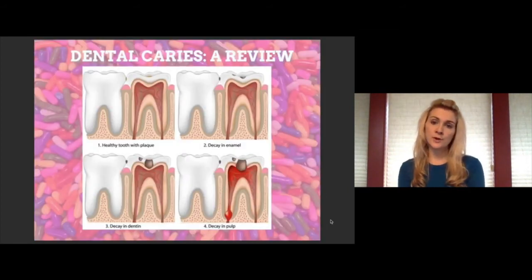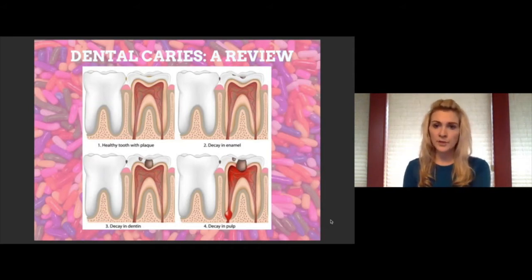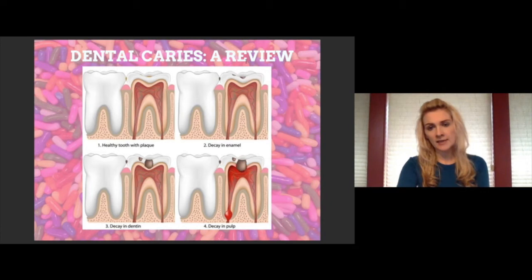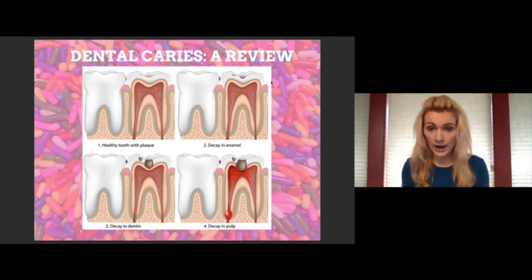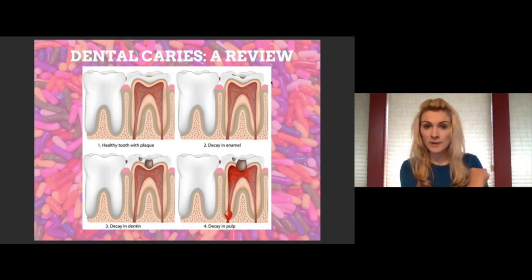So a brief review of the caries process. As you can see, there's a healthy tooth with plaque. When that plaque becomes colonized with bacteria, it turns into a little bit of decay in the enamel. And at this point, this is actually a reversible condition if you were to use fluoride, which I know you know all about since we've already gone over a lecture on fluoride.